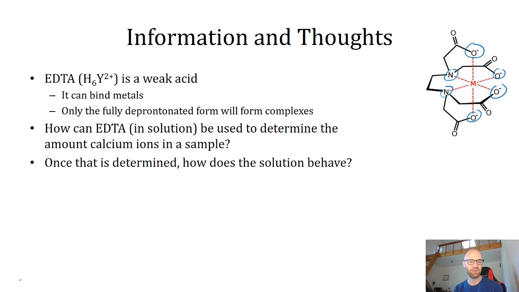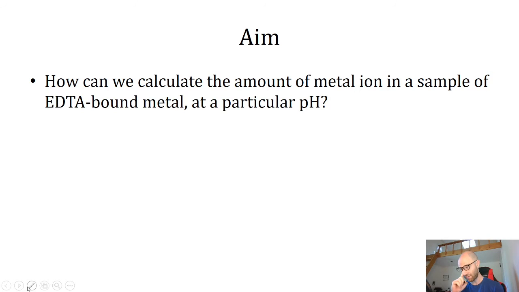So I think today we're going to start on this, but we're not going to finish talking about these thoughts for probably 2, maybe 3 lessons. But for today, I want to take a look at how we can calculate the amount of metal ion in an EDTA-bound metal solution at a particular pH.